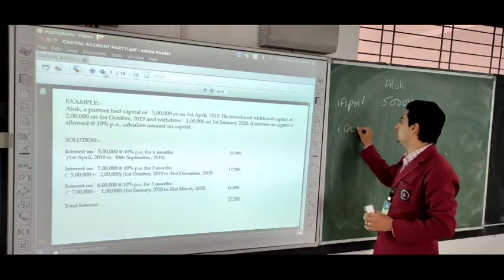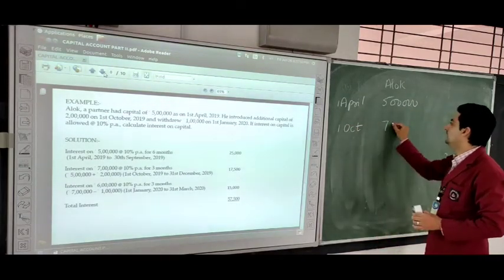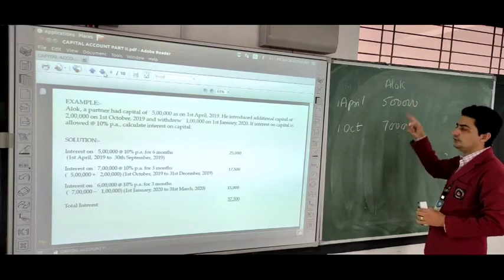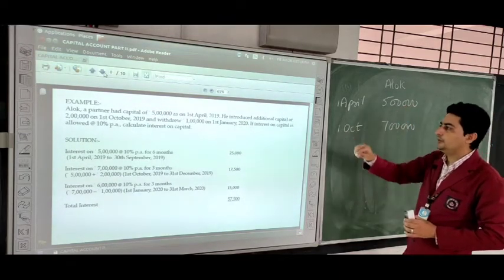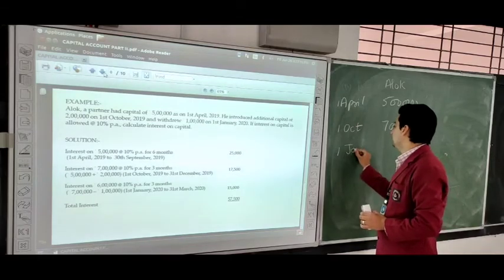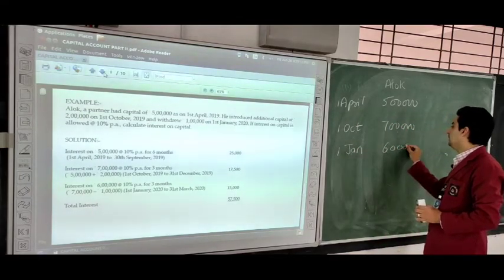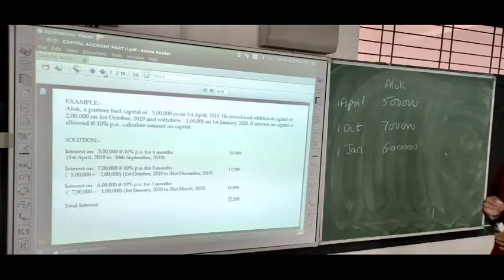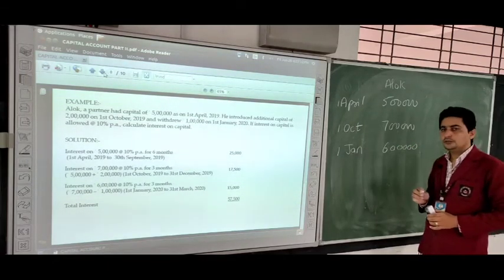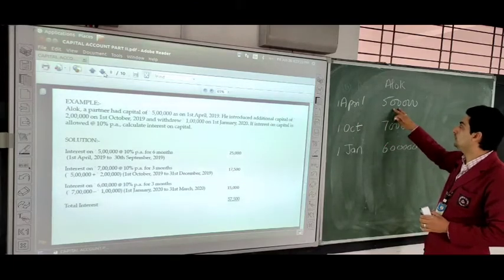So on 1st October his capital will be 7 lakh, 5 lakh plus the 2 lakh which he additionally introduced. Now on 1st January he is withdrawing capital. So on 1st January 2020 his capital will be 6 lakh, because out of 7 lakh he is withdrawing 1 lakh rupees.